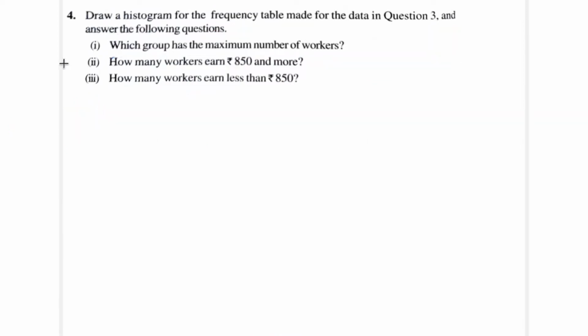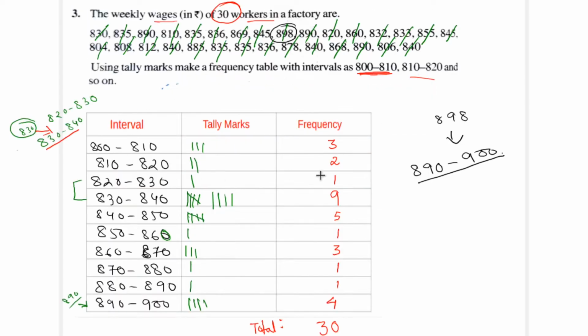Next, come to question number 4. Draw a histogram for the frequency table made for the data in question number 3, and answer the following questions. Questions 3 and 4 are correlated. After drawing a histogram for the frequency distribution table we got in question number 3, we have to answer those questions.